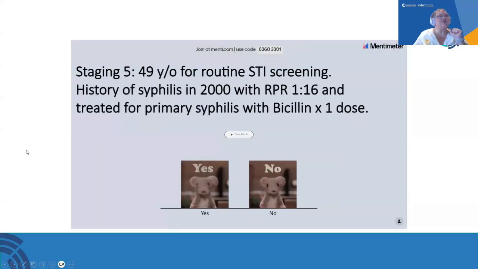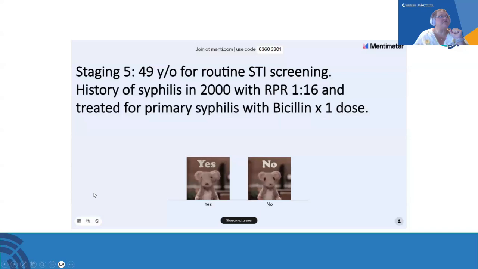Here's a 49-year-old for routine screening, history of syphilis in 2000, with an RPR of 1 to 16. He was treated appropriately for primary syphilis with just one dose. Is this person a candidate for point of care testing if he had a history of syphilis?